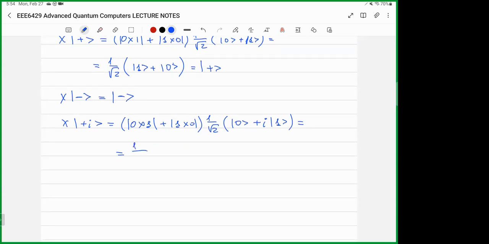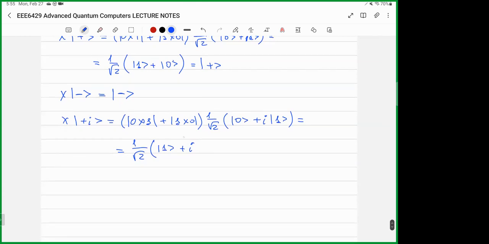All right, I get 1 over square root of 2, and here I will get 1, then plus I times 1.